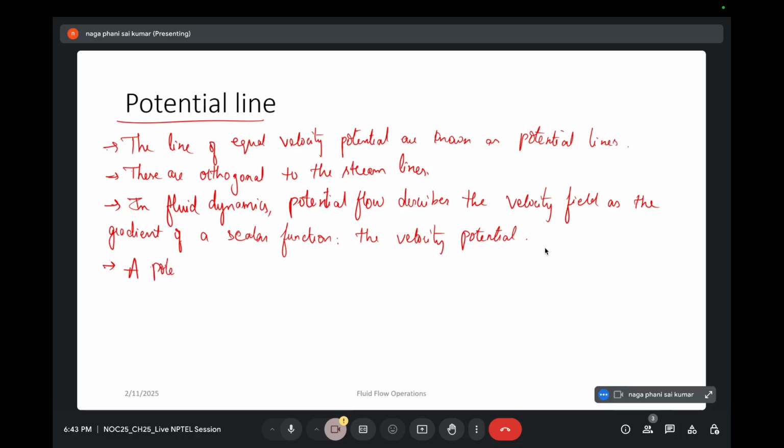A potential flow is characterized by an irrotational velocity field.